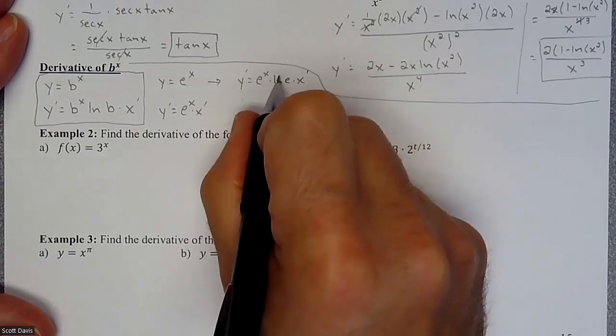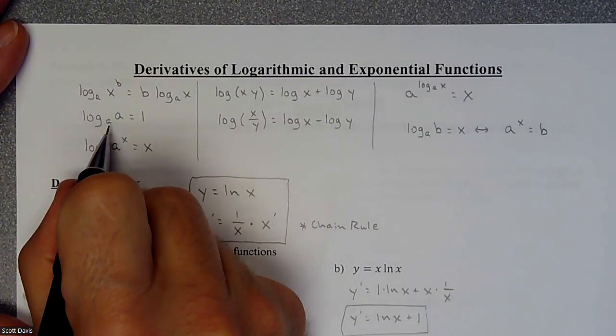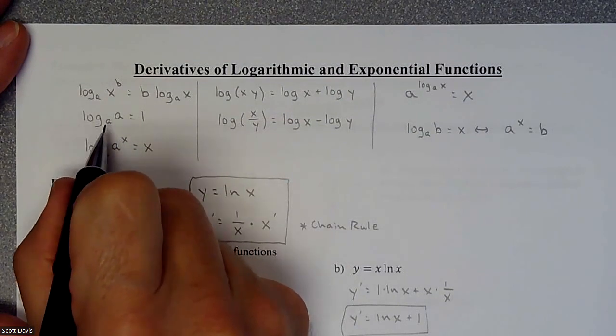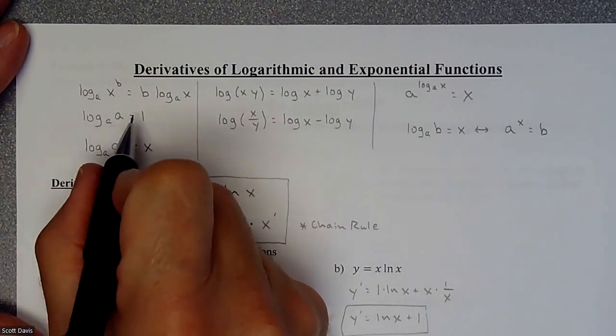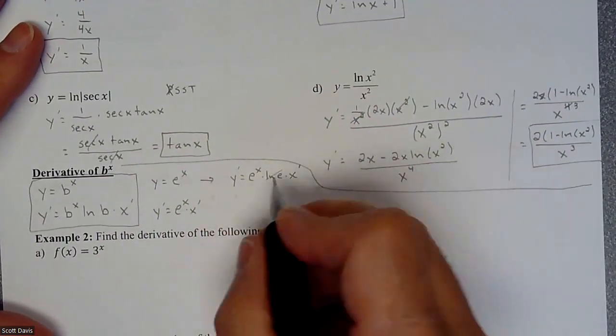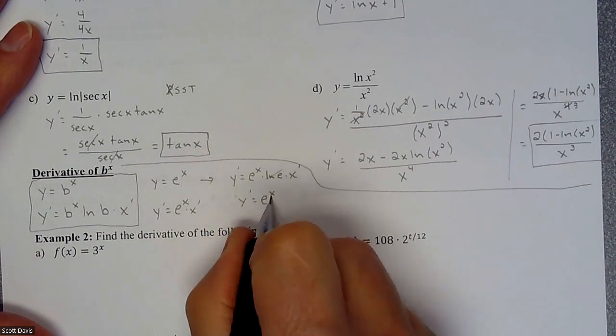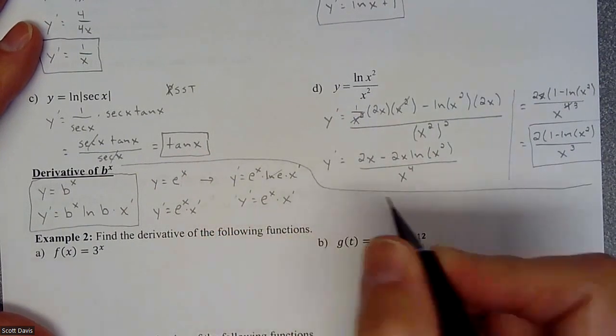This is the natural log of e, where the natural log has a base e, so it simplifies out and just becomes 1. So that goes away, and you're left with e to the x times the derivative of the exponent.